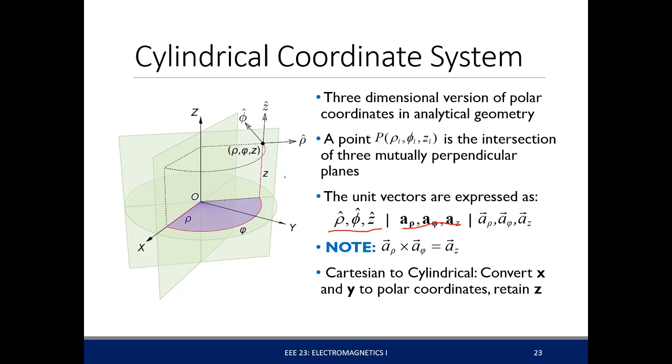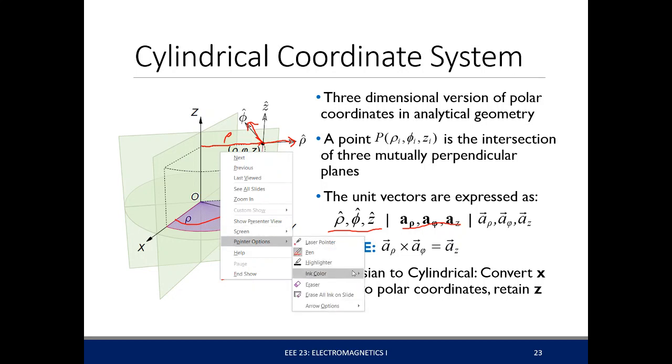Again, rho hat is radially outward from the cylinder. So if this is the radius of the cylinder defined by rho, rho hat is radially outward in that direction. And phi hat is again always tangential and moving away from the x-axis, or rotating away from the x-axis like this one. So if you're looking at this point right here, let's use a new color for that.